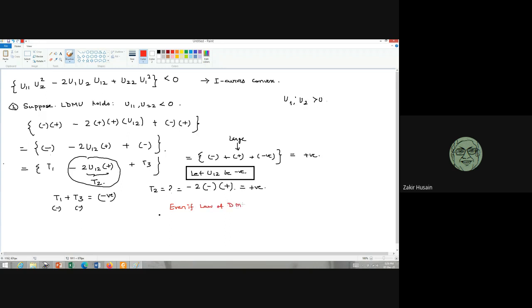Even if the law of diminishing marginal utility holds, indifferent curves may not be convex if U12 is negative and sufficiently large.